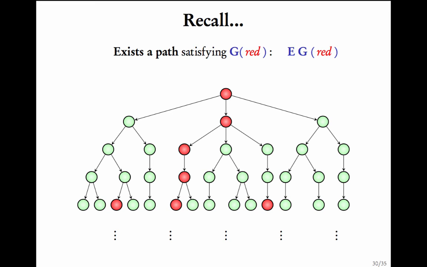Let us now look at another example, but before that, recall EG red is there exists a path where G of red is true, and EX red is there exists a path where X red is true.